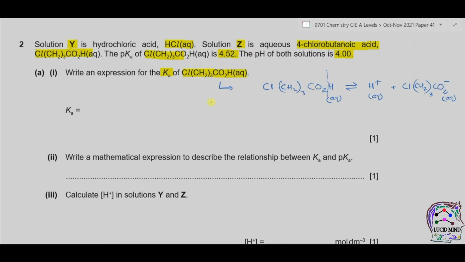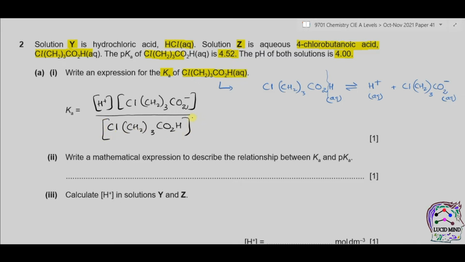We can write Ka: it is the concentration of H plus multiplied by the second product, the concentration of Cl(CH2)3CO2 negative, divided by the concentration of the reactant, this acid Cl(CH2)3CO2H, raised to the power 1, as each has 1 mole in the balanced equation.